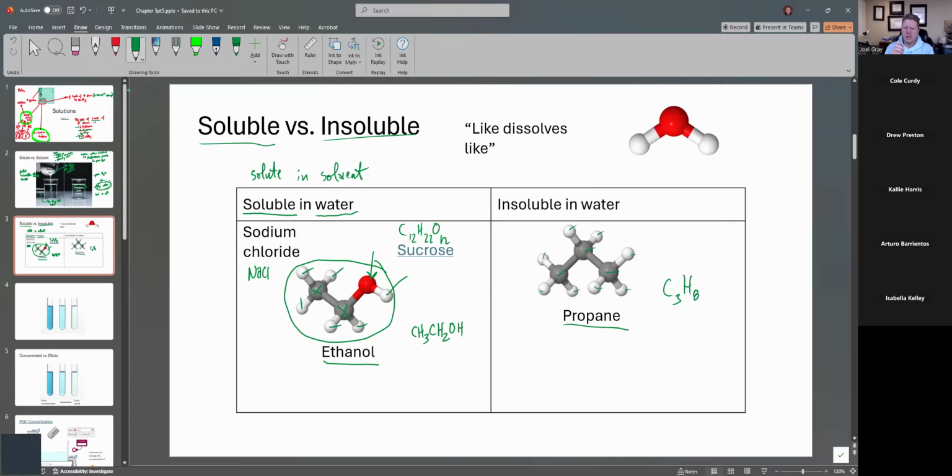What's the difference between ethanol and propane? Well, one difference is number of carbons, and we could also add number of hydrogens. But we could also look at this and say ethanol is in gasoline. Ethanol is an example of an alcohol, and it might be a part of, yeah, absolutely.